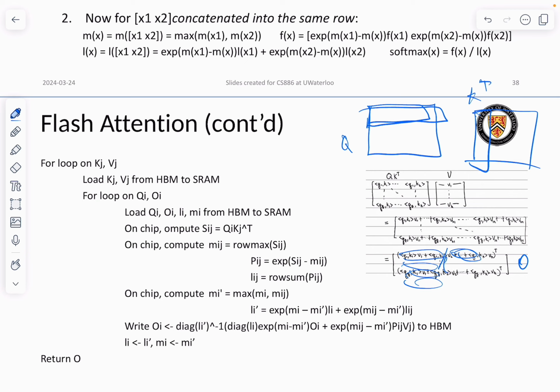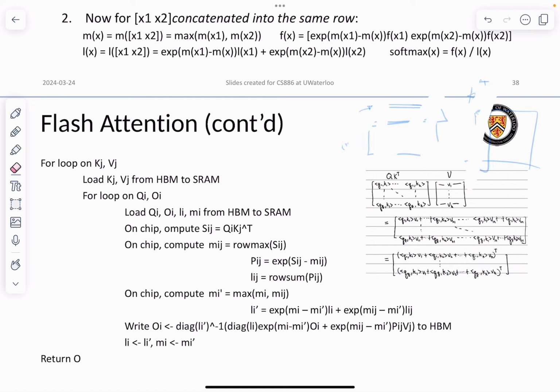And when we get to here, we multiply it by that factor again, and then divide this by the softmax for the entire thing, and then we repeat. So when we get to the very end, we have the entire thing divided by the L factor for everything.